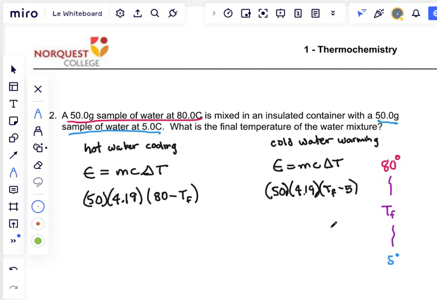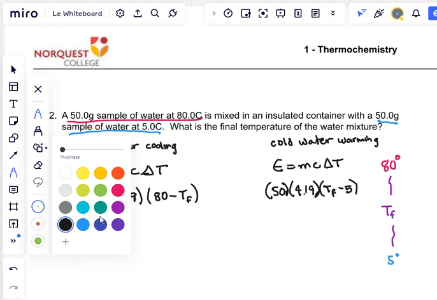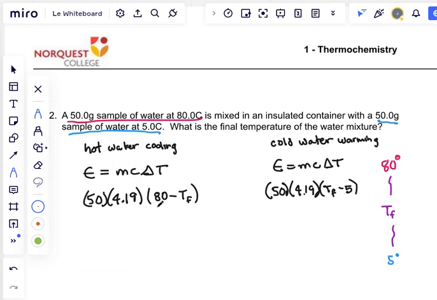Now, I just kind of quietly cheated something here, and I'm wondering if you noticed it. Do you see something that I was a little inconsistent about between these two? Over here, I put the TF second, and over here I put the TF first, basically. What's going on with that?